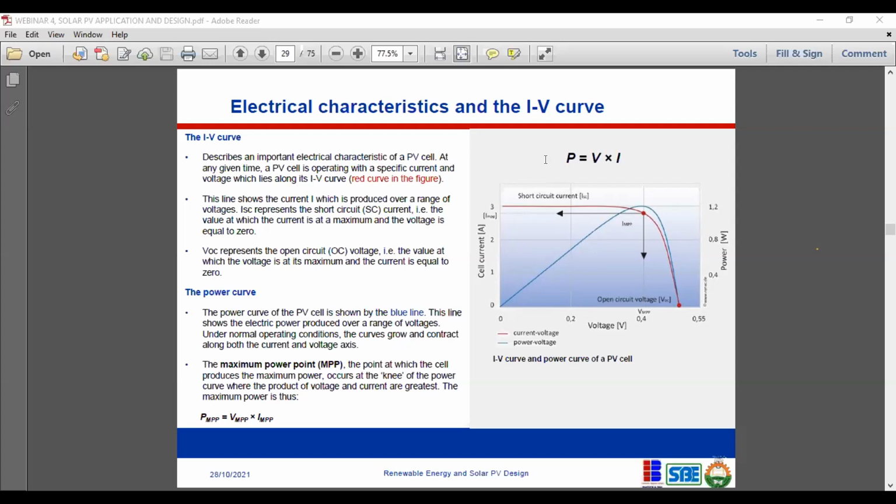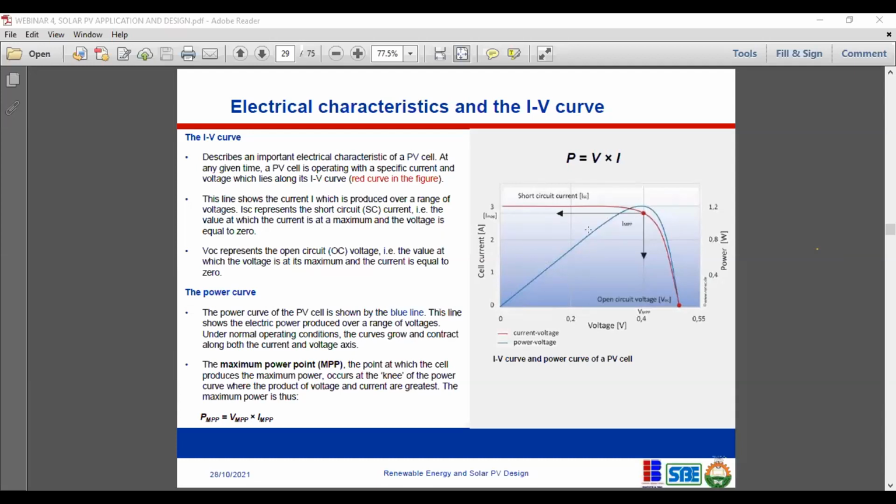So now we proceed to the power curve, because we are looking for a point where we are going to get the maximum power on this red line. If you have the maximum current, voltage will be 0. If you have the maximum voltage, current will be 0. So we have a problem. The power curve of the PV cell is shown in this blue line.